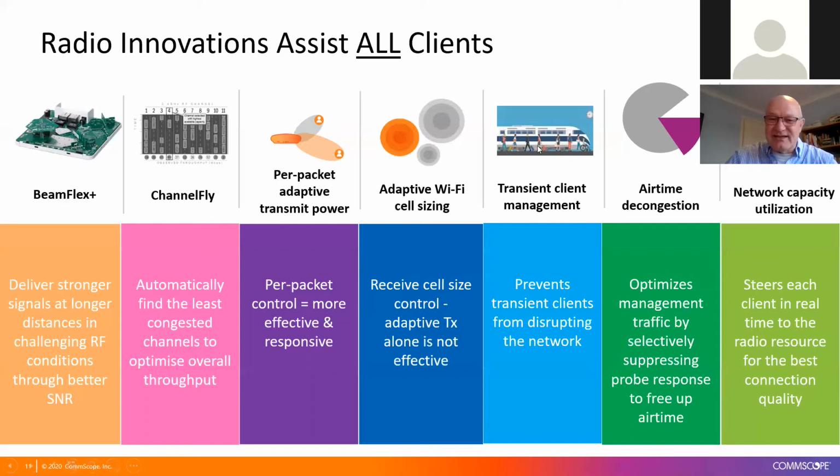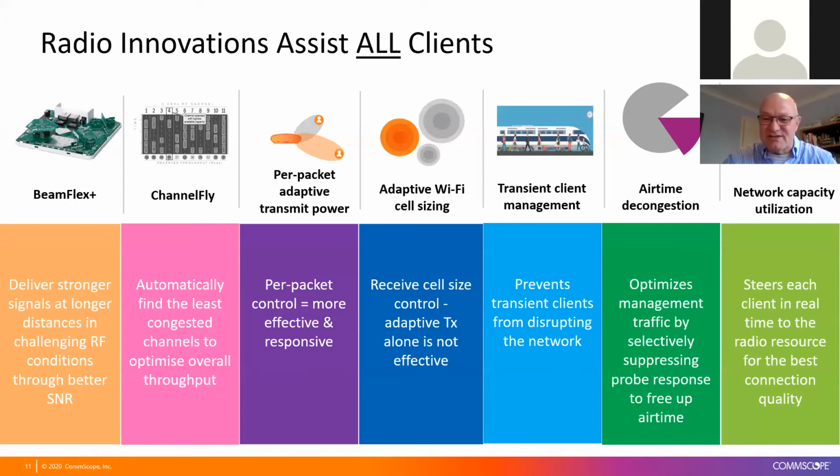We're also dealing in different ways with transient client management. So particularly in smart cities and large public venues, having those clients that are roaming in and out of the networks quite frequently, and we don't want them to disrupt existing clients that are trying to get best quality. So we have technologies to do that. Also things like airtime decongestion, which is optimizing the management traffic so that we're not spending a lot of time on management traffic like probes.